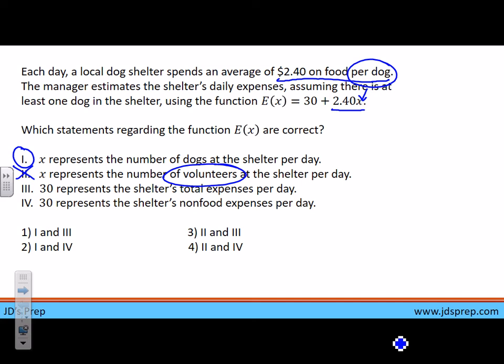And in that statement where they said that they spend $2.40 on food per dog each day, that's all about the food costs for the shelter. So this expression here, the $2.40 times x, that's going to be our food costs per day.